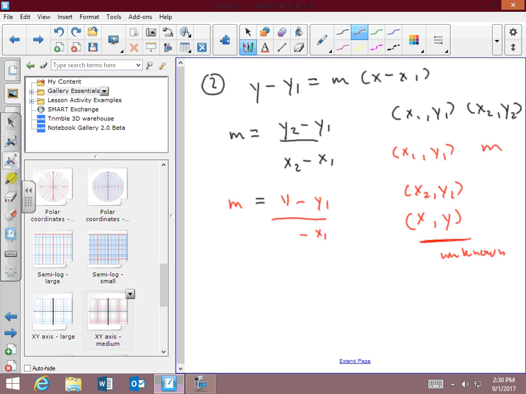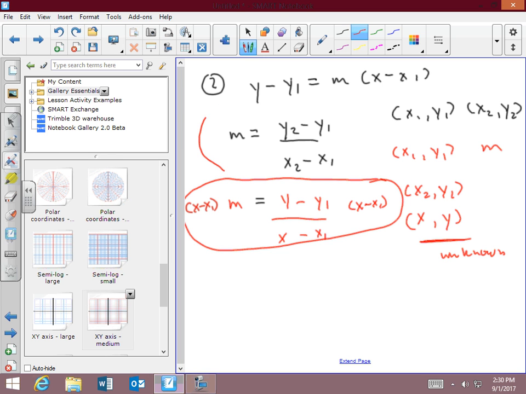And you see if you multiply this x minus x1 times both sides, you get that equation right there. You know the slope, you know a point, and you plug it into that formula.